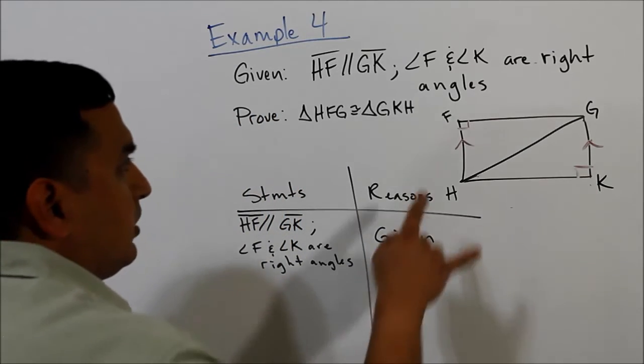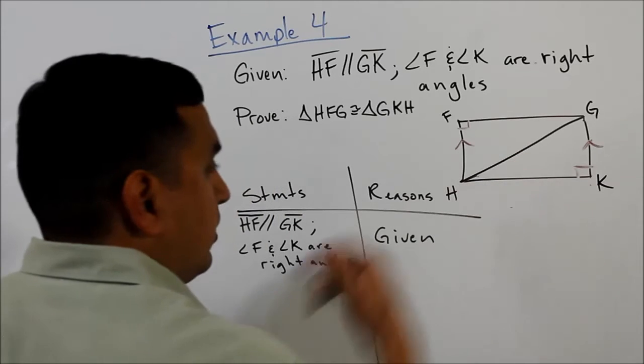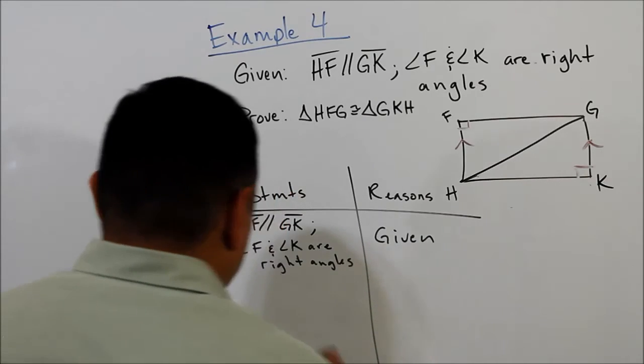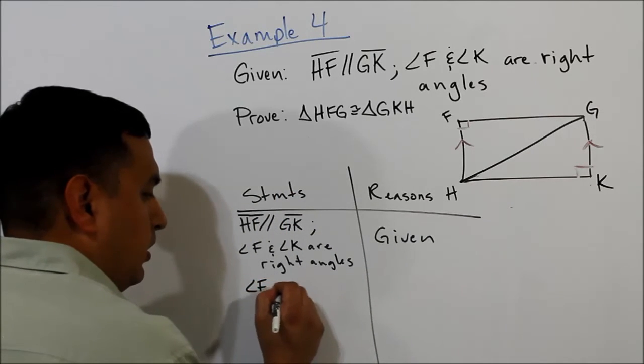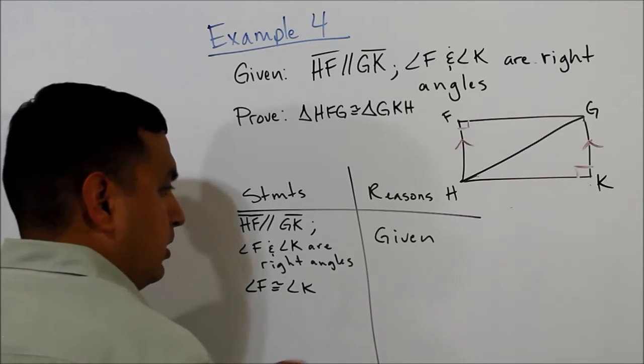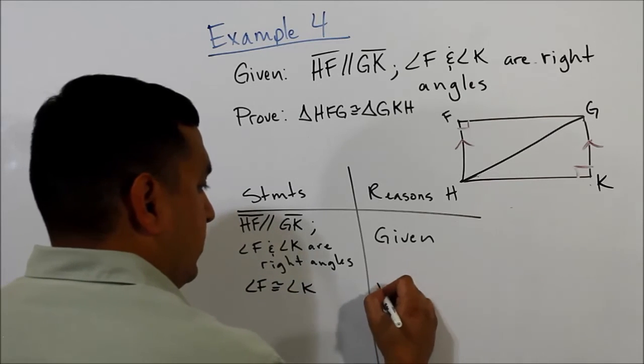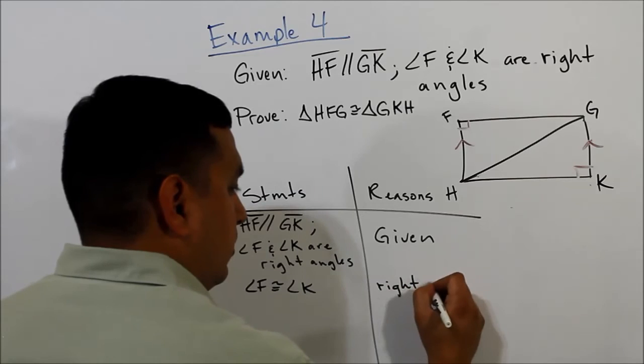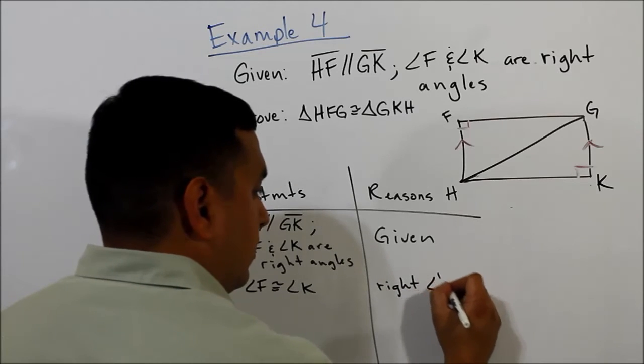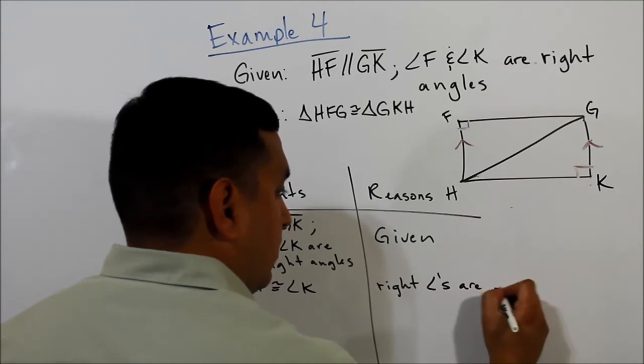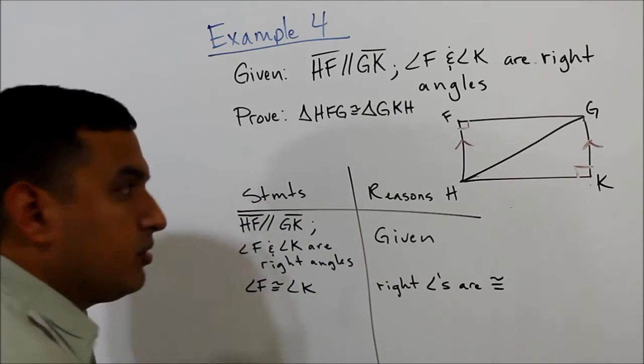Because F and K are 90-degree angles, I know that angle F is congruent to angle K. And my reason for that is because all right angles are congruent. There's a theorem that says that all right angles are congruent.